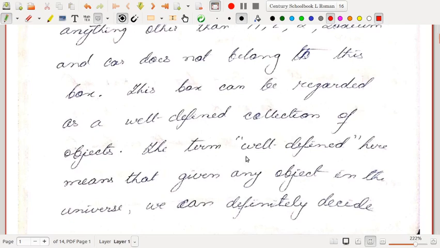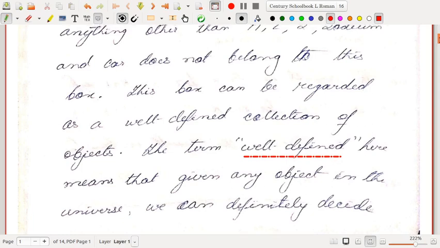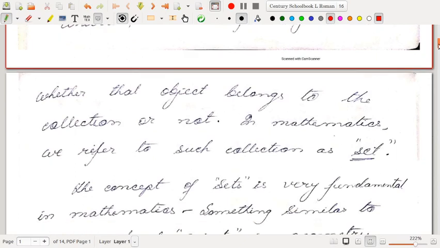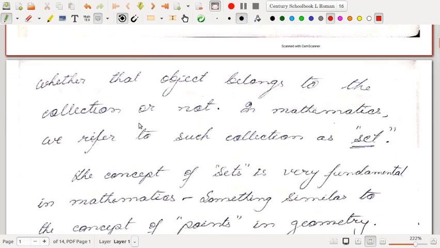The term well-defined that I have just mentioned means that given any object in the universe, we can definitely decide whether that object belongs to the collection or not. That is the meaning of the term well-defined.